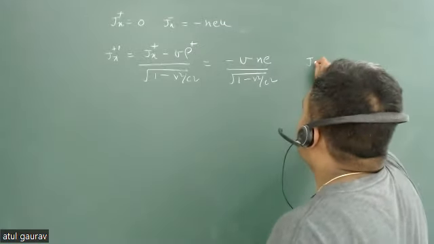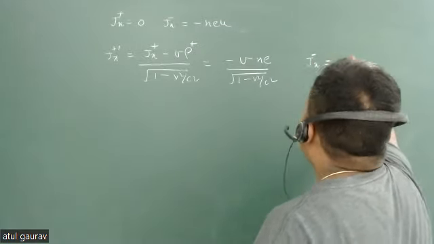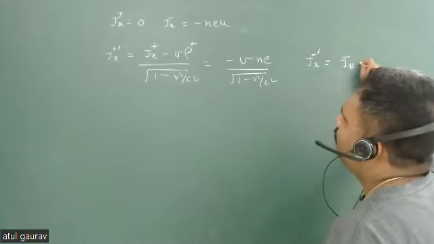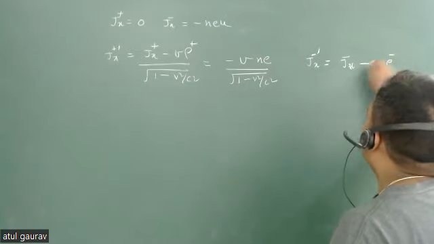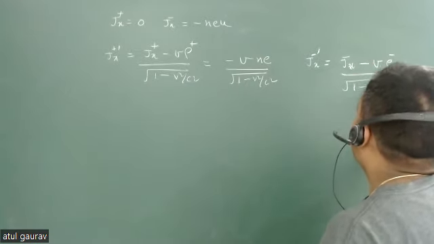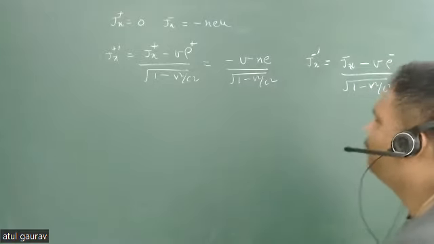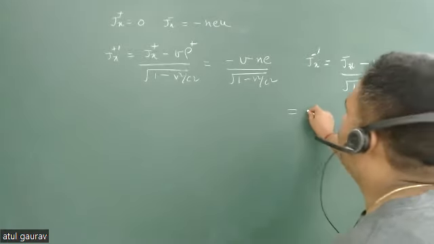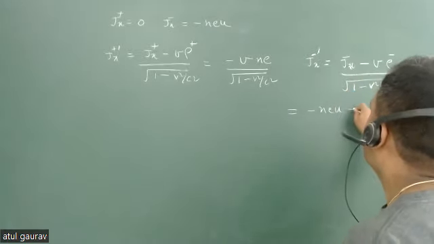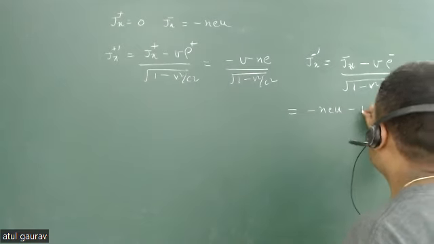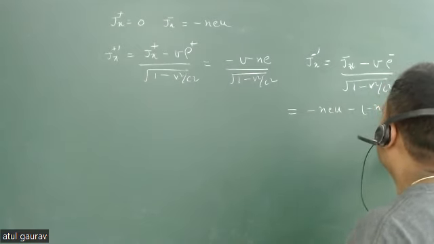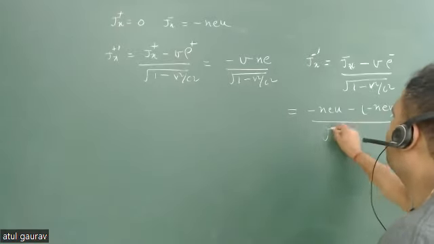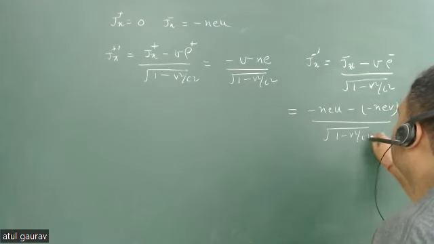Okay, let's go for jx minus. So that is jx minus dash actually. jx minus dash equals (jx minus minus v rho minus) over root under 1 minus v square upon c square. So what will you get? jx minus is equal to minus neu, and rho minus is basically minus nev. That's how it will be, and you have root under 1 minus v square upon c square.